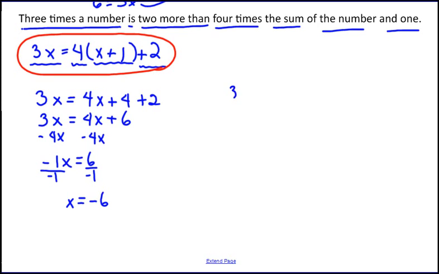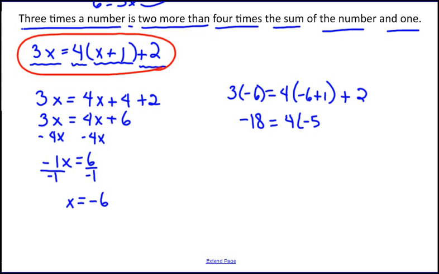3 times a number is 2 more than 4 times the sum of the number and 1. On the left-hand side, I have negative 18. On the right, I've got 4 times negative 5. I will do that in the next step.